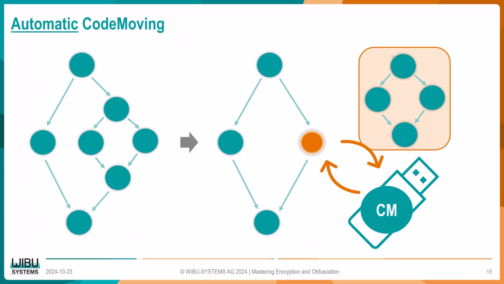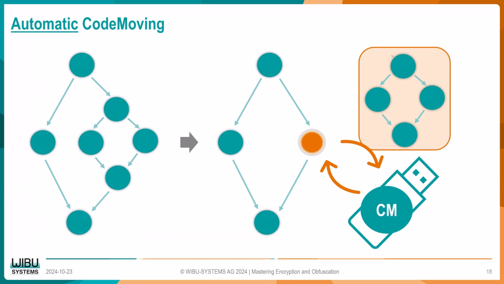So what does this mean? You can mark up nearly an unlimited number of functions which can be processed by CodeMoving. So these programs are not stored in the license and in the container. These are stored in a safe way in your application and then transferred on demand to the container.